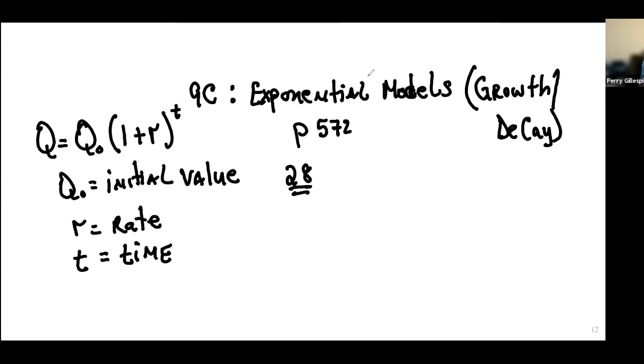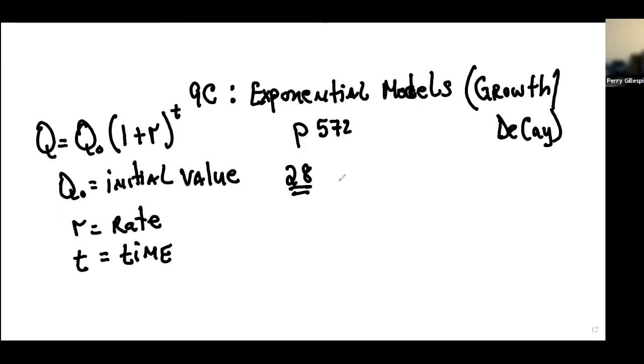So again, ladies and gentlemen, we are starting out with number 28, which talks about a city that had 800 restaurants in 2015, increasing at a rate of 3% per year.